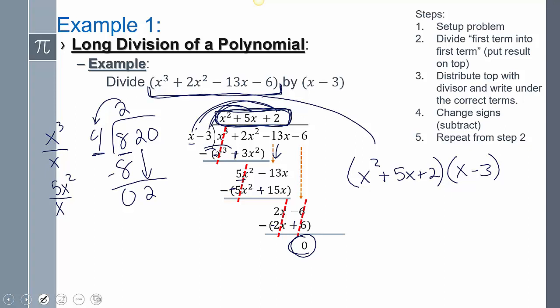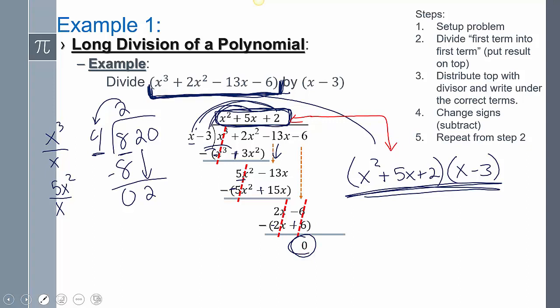But if I wanted to write this value right here as factored form, I write it like this, which is going to be this value here, and then whatever I divided by goes here. Now you can only write it in that factored form when the remainder is 0. Okay, so that's really important.